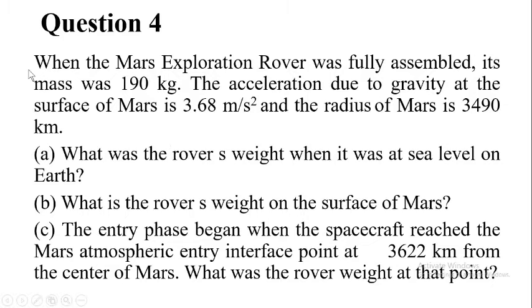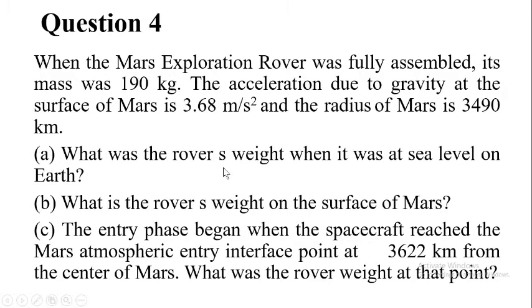Now let's take a look at this question and solve it. When the Mars exploration rover was fully assembled, its mass was 190 kilograms. The acceleration due to gravity at the surface of Mars is 3.68 meters per second squared, and the radius of Mars is 3,490 kilometers.